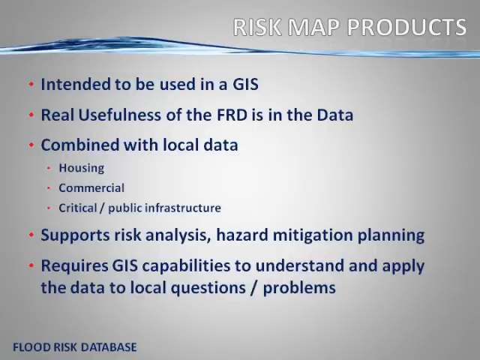So the real usefulness of this data set is when it's combined with local data, housing data, commercial data, infrastructure, things like that, because then you can actually put dollar amounts to your flood risk in HAZUS software. So this supports risk analysis and hazard mitigation planning, and it does require GIS capabilities to understand and apply the data to local questions and problems, but with this data, you can reach answers to some of those problems.